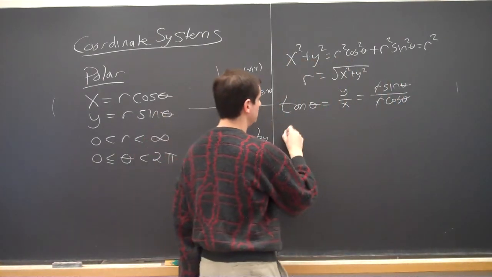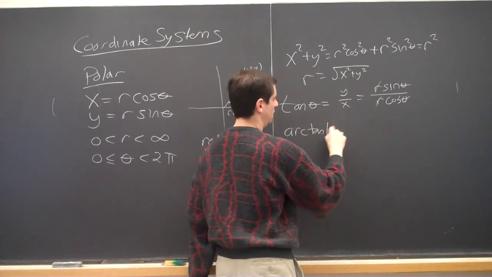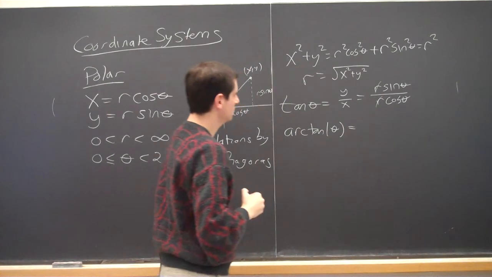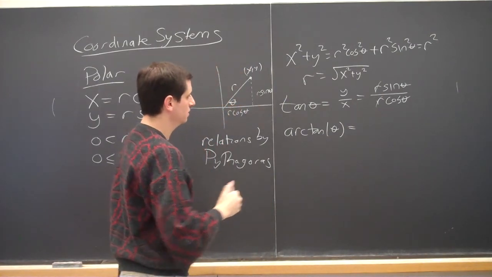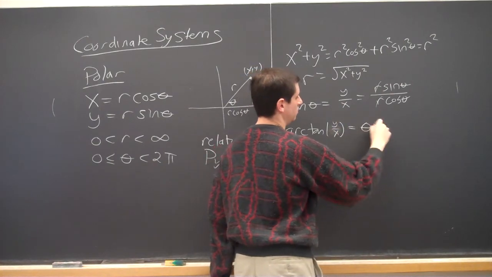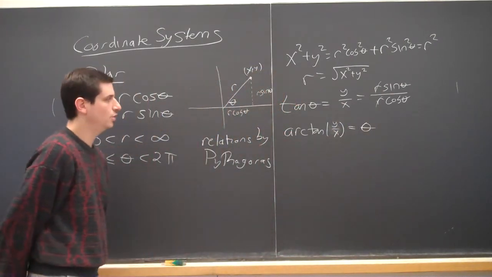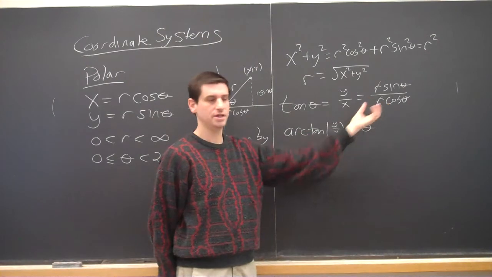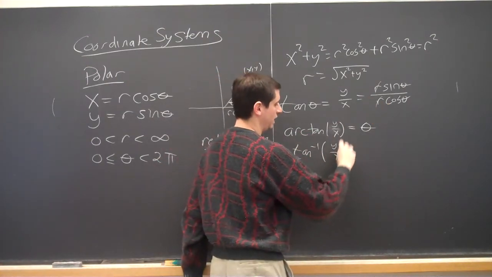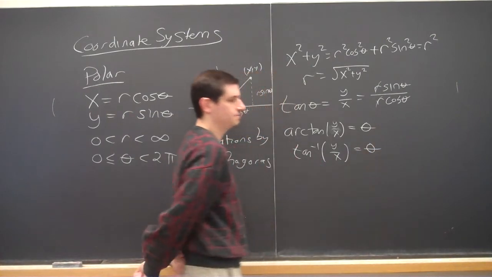So arctangent of y over x is theta. I apply arctangent to both sides. Some people prefer to write tangent inverse of y over x equals theta.